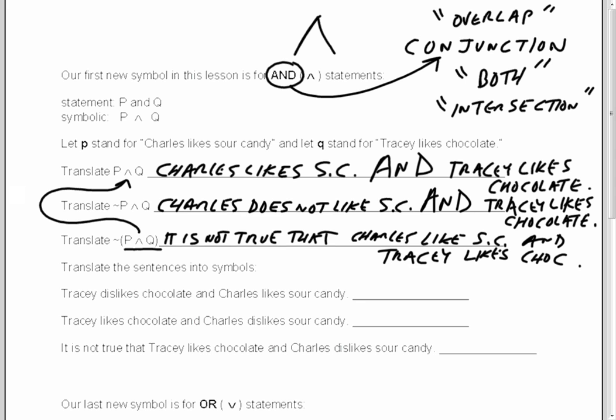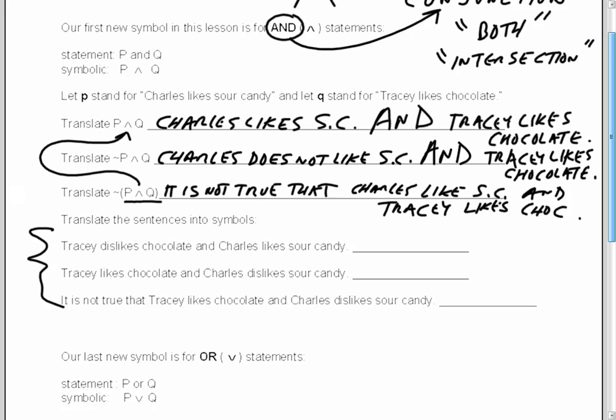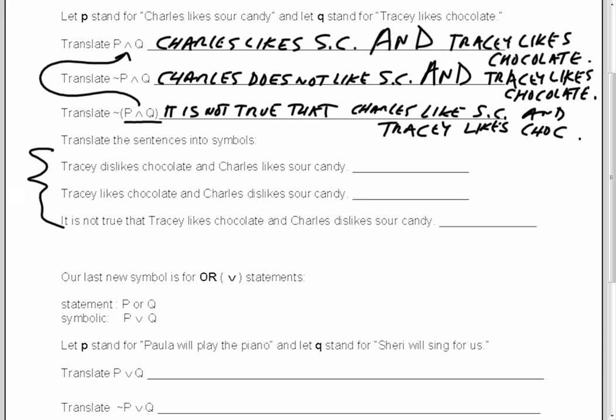Go ahead, translate the next 3 down here. For some reason, once people learn about if-then statements, they keep wanting to put down arrows. Do we have any if-then statements here? No, no arrows. Look for keywords.